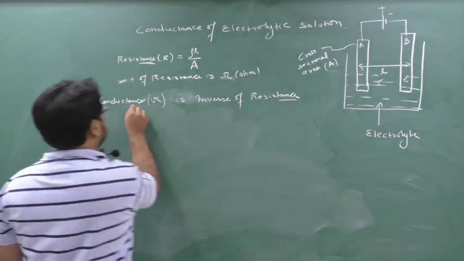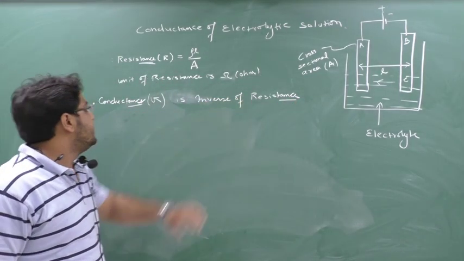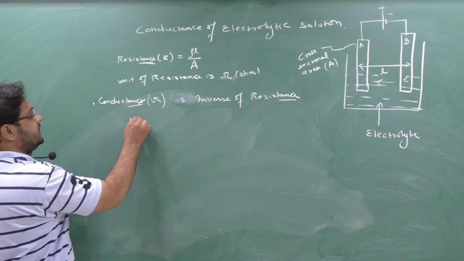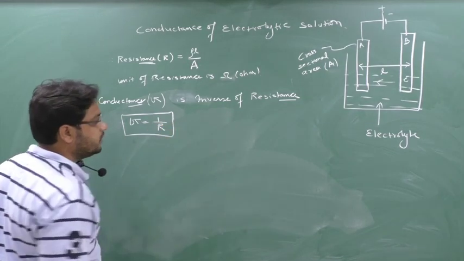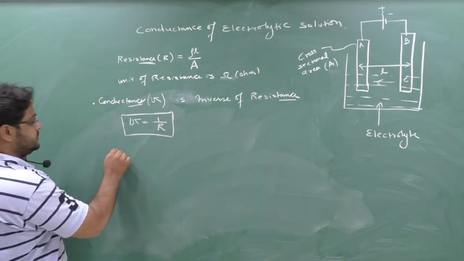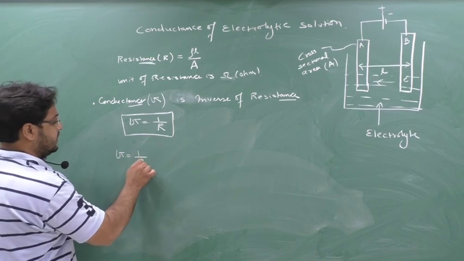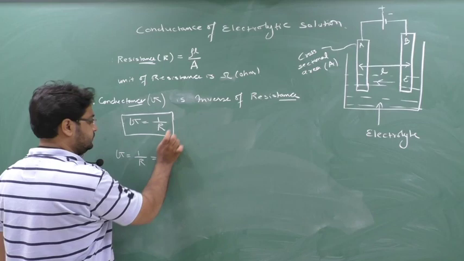So conductance G is nothing but the inverse of resistance. Therefore G equals 1 by R. Now if you write down G equal to 1 by R, what I will do here is 1 by rho.